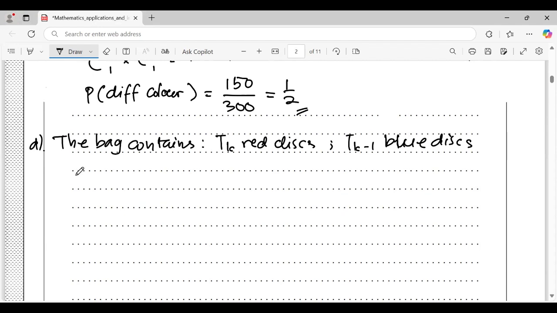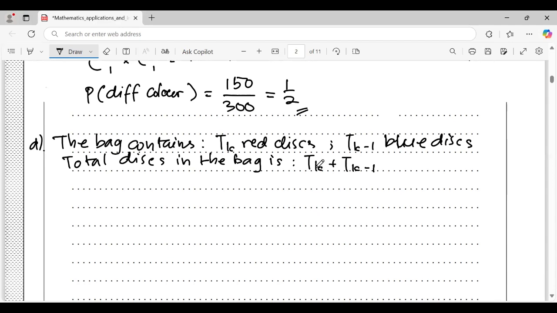After that, the total number of discs in the bag is red discs plus blue discs. This is the total number of discs.